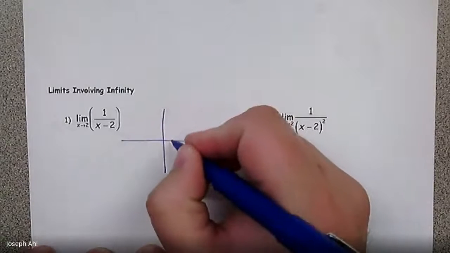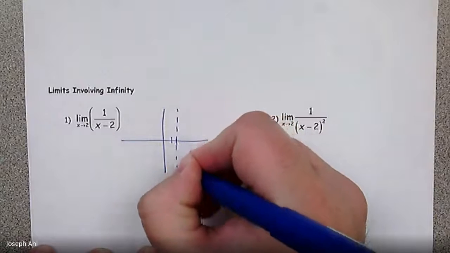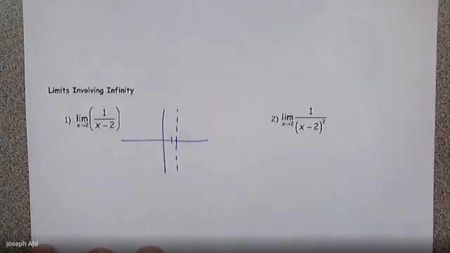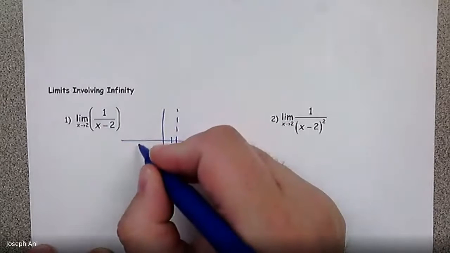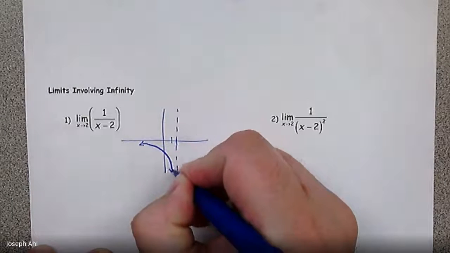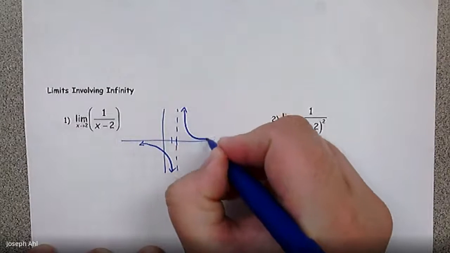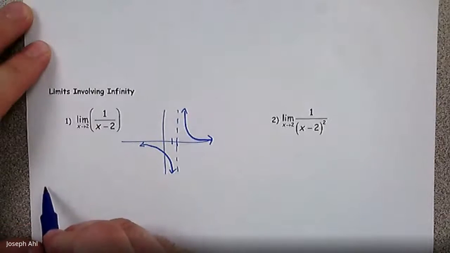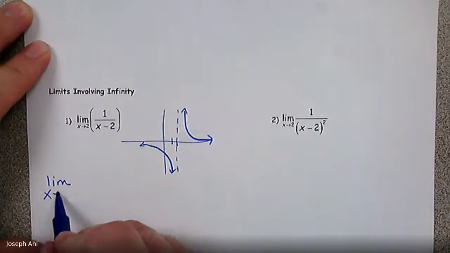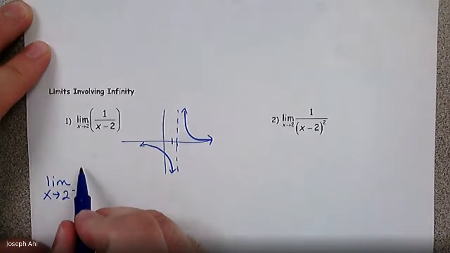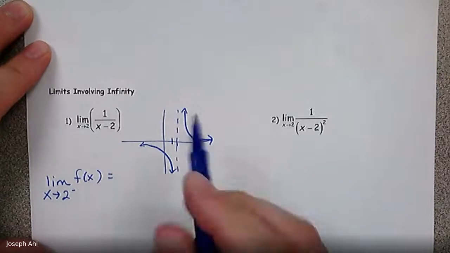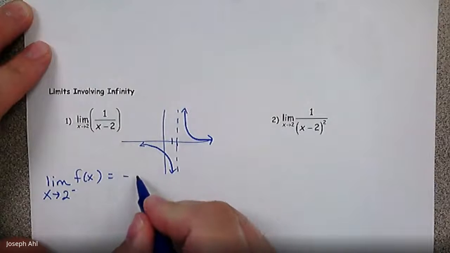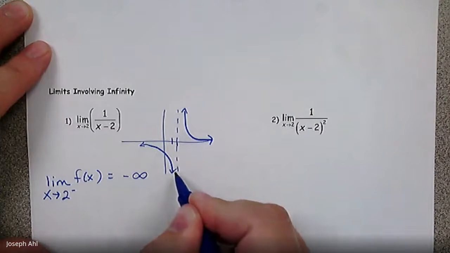So for 1 over x minus 2, we know that this function would have a vertical asymptote at x equals 2. To the left of 2, we get this branch of the hyperbola. To the right of 2, we get this branch of the hyperbola. So we can analyze this by saying that the limit as x approaches 2 from the left of this function, as I approach 2 from the left, we're heading towards negative infinity, down forever.